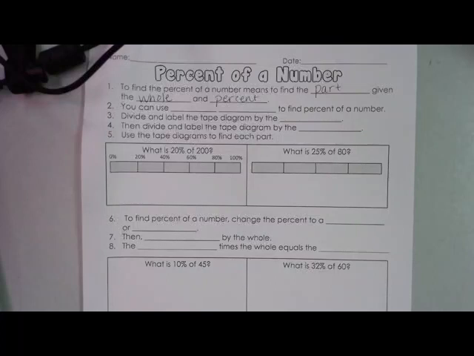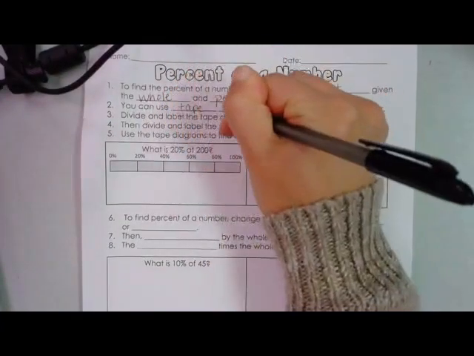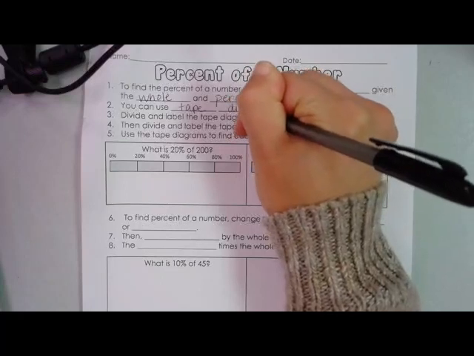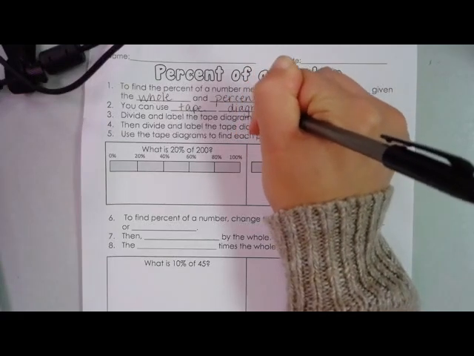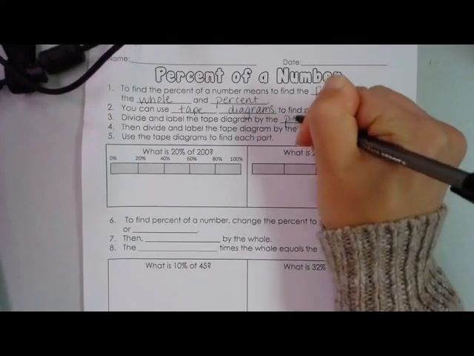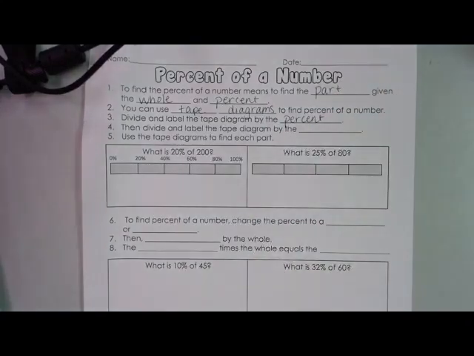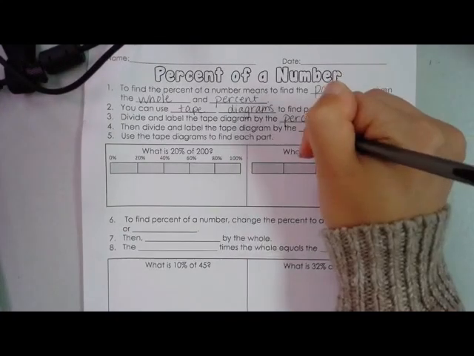You can use tape diagrams to find the percent of a number. How do you use tape diagrams to find the percent of the number? You divide and label the tape diagram by the percent. And then you divide and label the tape diagram by the whole.